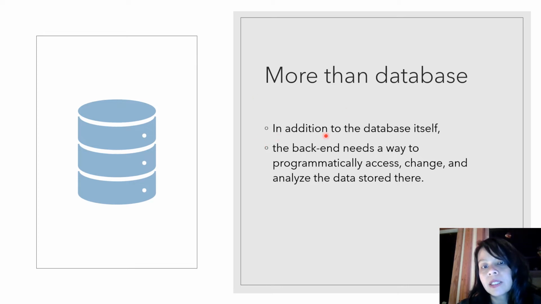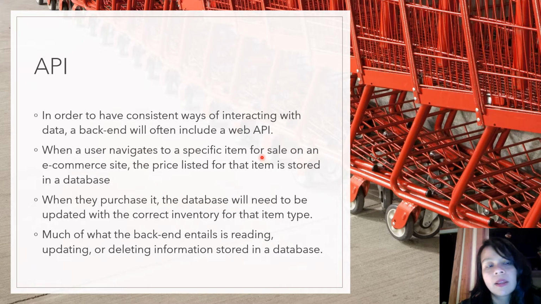In addition to the database itself, the backend needs a way to programmatically access, change, and analyze the data stored there. In order to have consistent ways of interacting with the data, you need more than just a database. You also need what we call a web API. The backend will often include a web API. When a user navigates to a specific item for sale on, let's say, an e-commerce site, the price listed for that item is stored in the database, right?